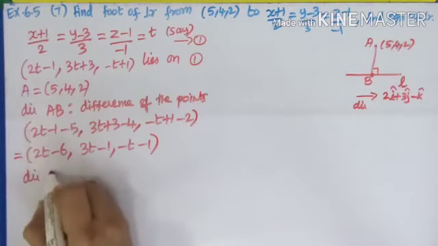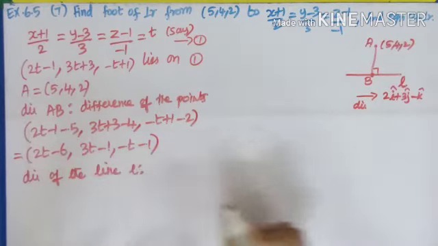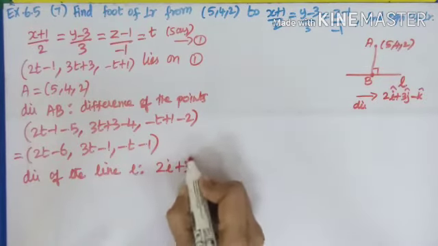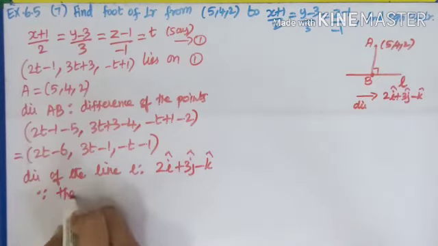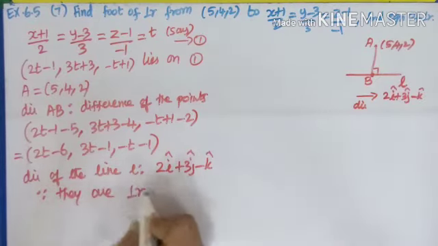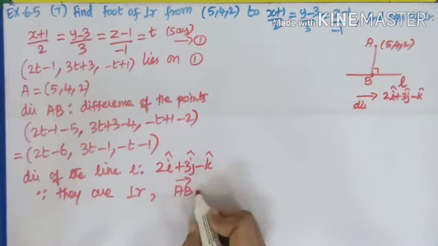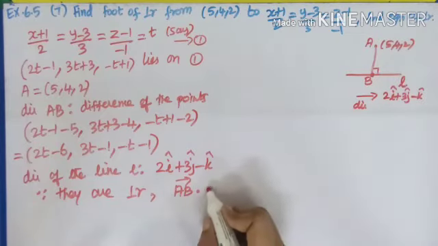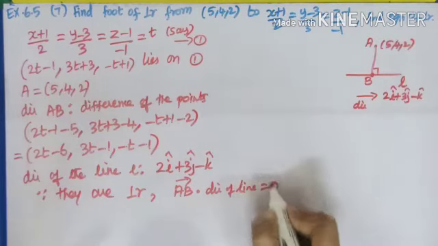What is the direction of the line given? Let us take the line as L. Direction is the denominator, that is 2I plus 3j minus k. Since they are perpendicular, AB vector dot this L direction equals 0.